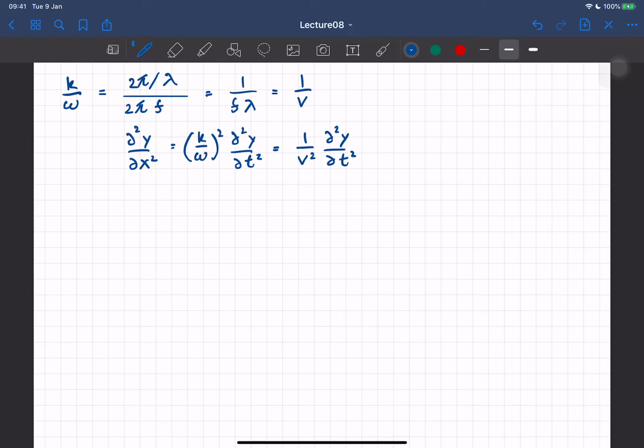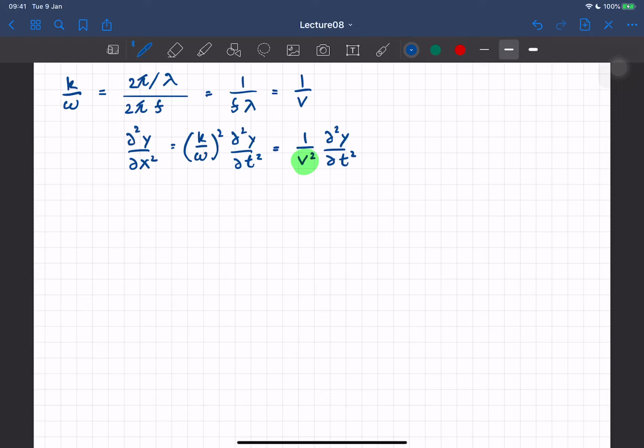So just looking at the wave equation, comparing this to any function that you want to try to solve, you can read off the velocity of the wave right away, which is whatever appears in front of d^2y/dt^2. That's going to give you the velocity of the wave.